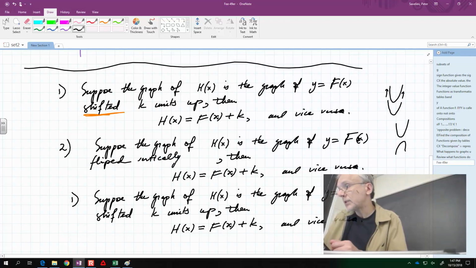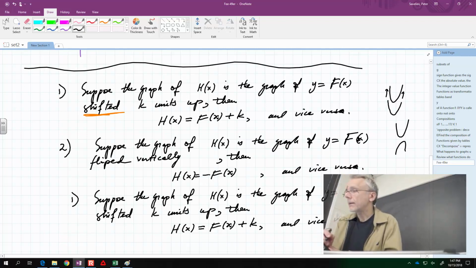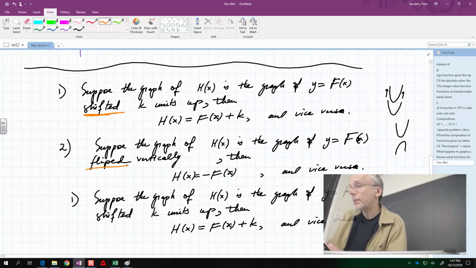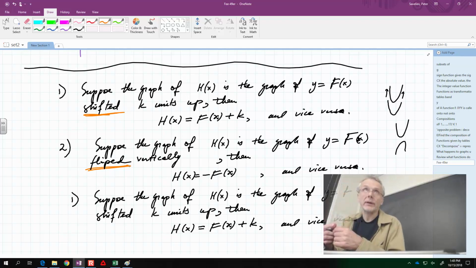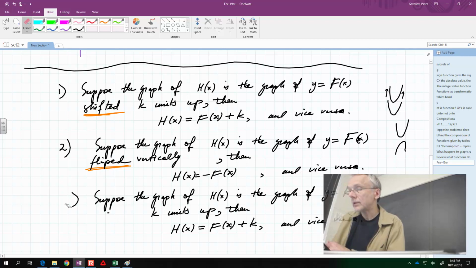If you want to be specific, flip about the x-axis. Then the algebra that is produced as a result is the negative sign in front of it. That's all. So once again, recognizing new functions right away: negative x squared, you know what the graph of it is. You just have your parabola upside down. Okay, number three, what's number three?